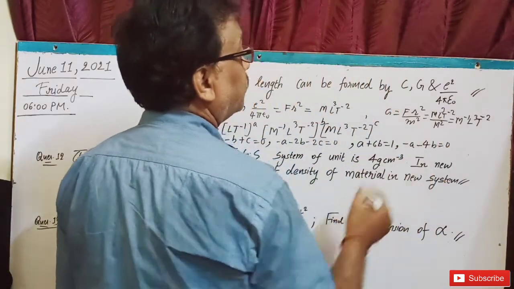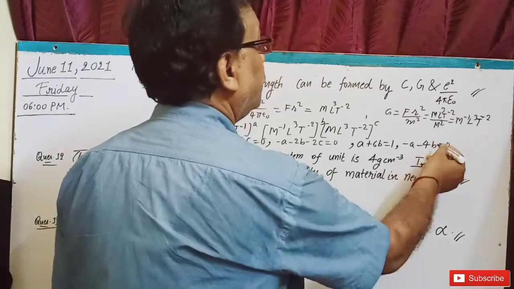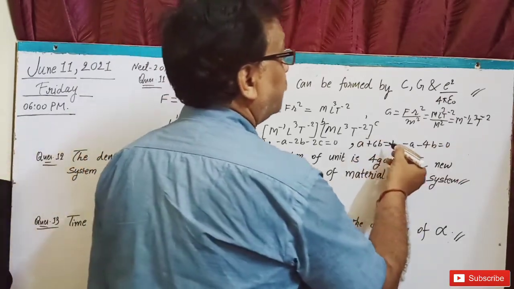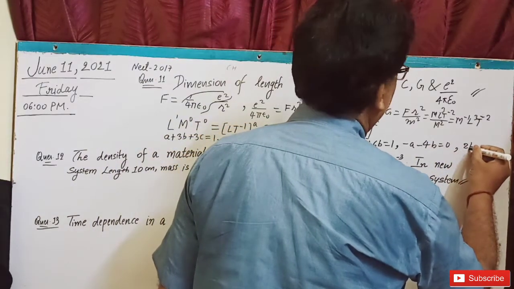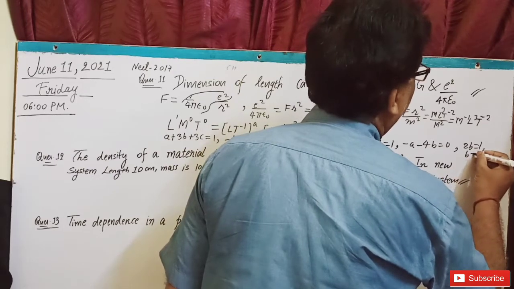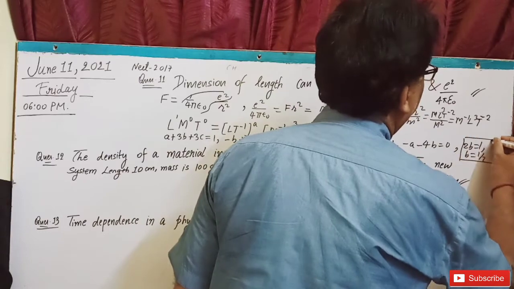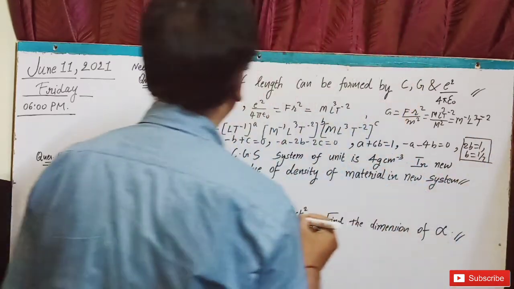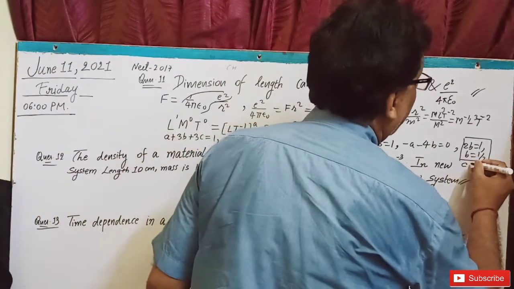From these two equations, we get easily the value of b. 6b minus 4b is 2b, and 2b is equal to 1. So b is equal to 1 by 2. As b is equal to c, c is also 1 by 2.